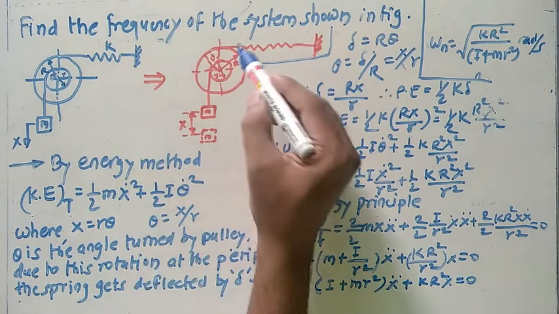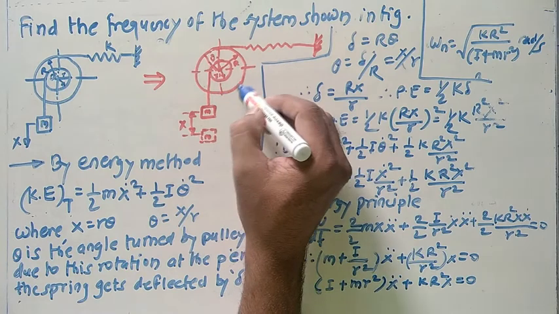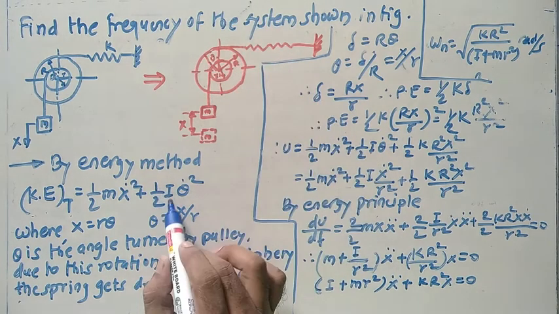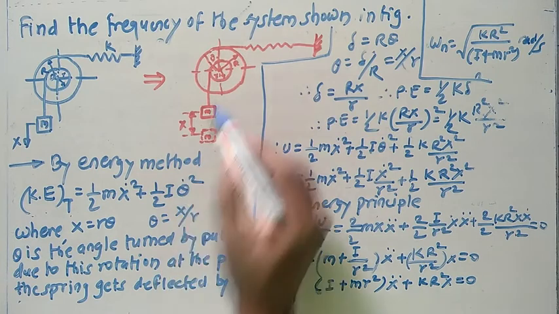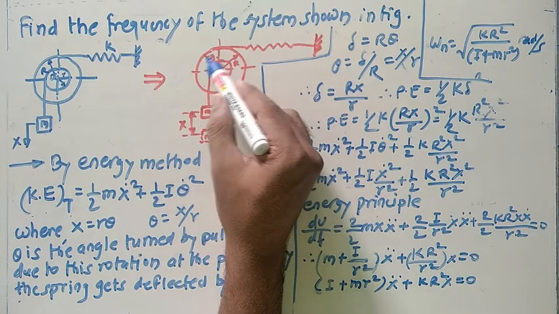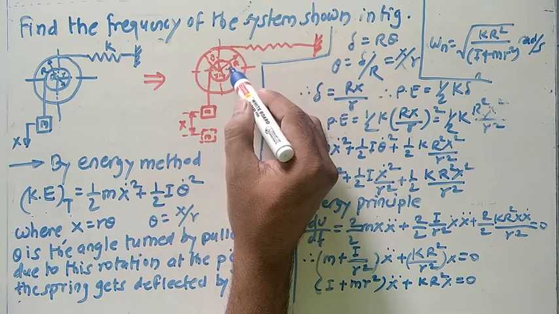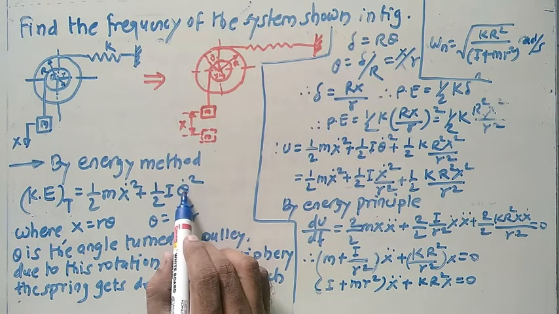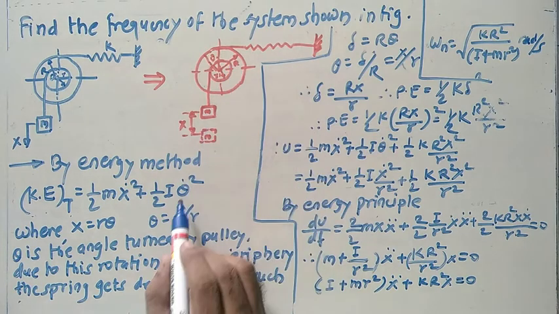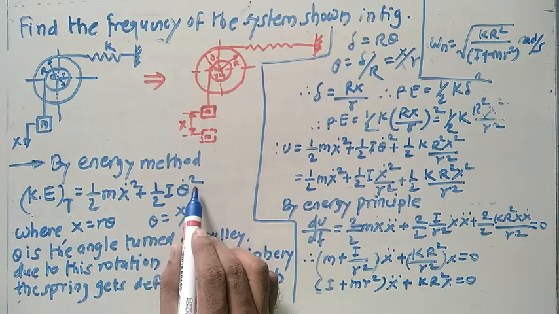So what about the mass moment of inertia of this whole pulley? So I is with us. Theta single dot indicates the angular velocity of this pulley. Whole square of this will come.